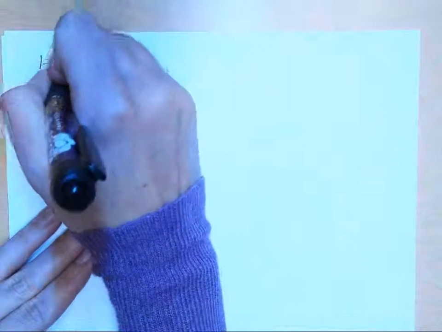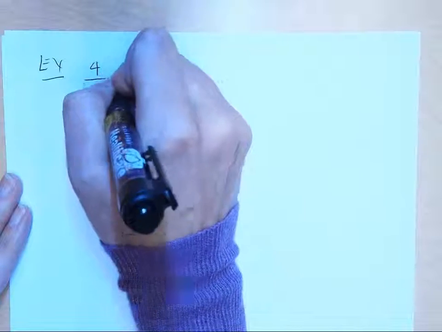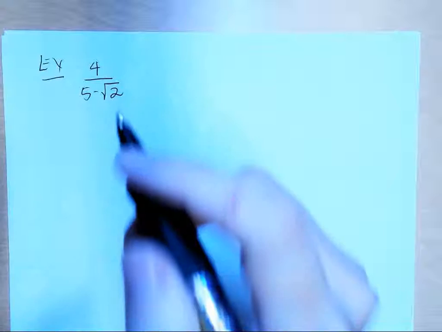Alright, let's do one more example. So if we have something like 4 over 5 minus root 2. This time we can't really just multiply by root 2, because if we multiply by root 2, what's going to happen? Let's try it actually.